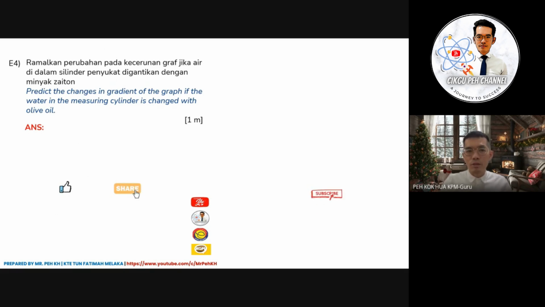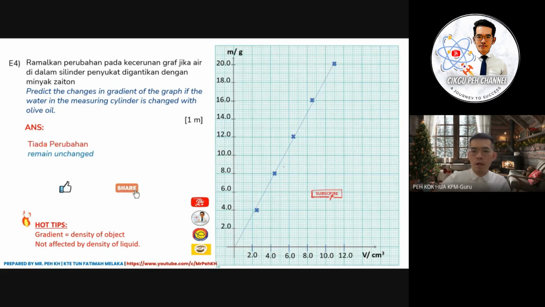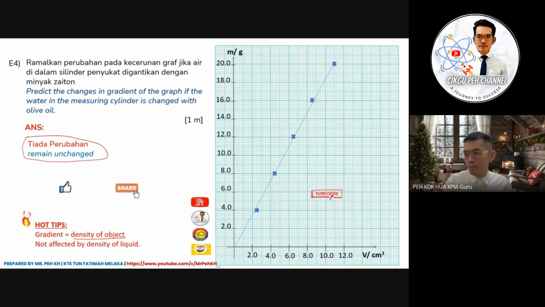So here, the gradient should not be affected, because just now we also went through the discussion where the gradient of the graph represents the density of the object, which will be the density of the marbles. Therefore, the answer here should be no changes, although we changed the density of the liquid.